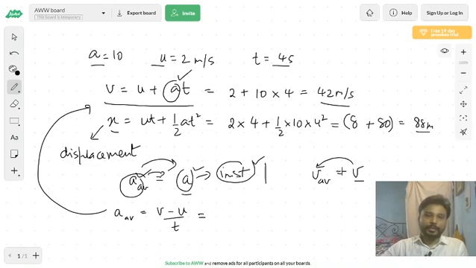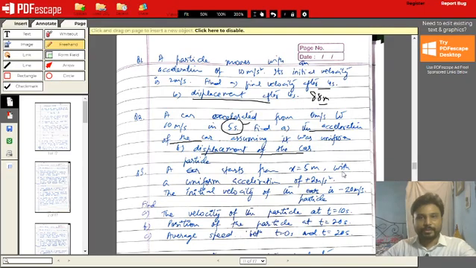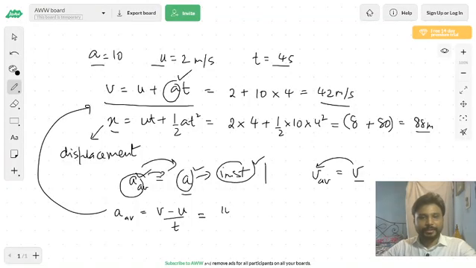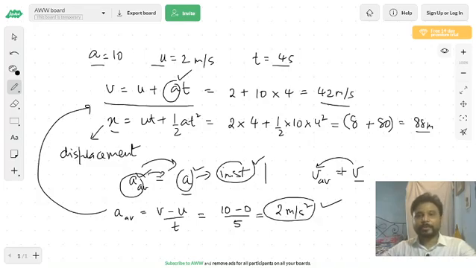So we know that the final velocity of the car was 10 meter per second and the initial velocity was 0. So the time difference is 5 seconds. So 10 upon 5 would be 2 meter per second square. That would be the acceleration of the particle in question number 2.